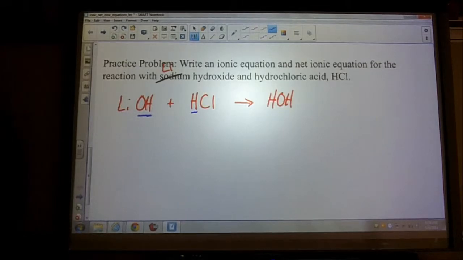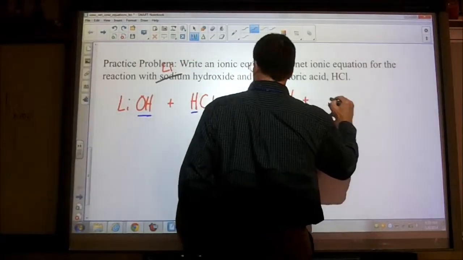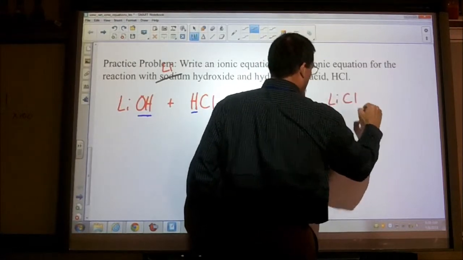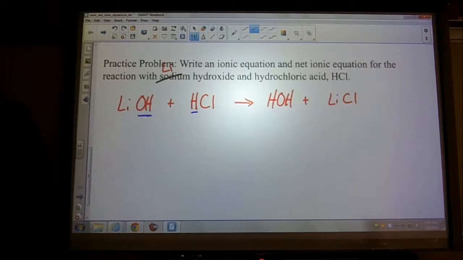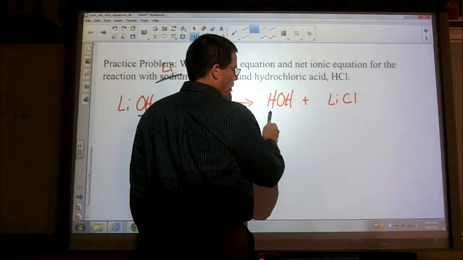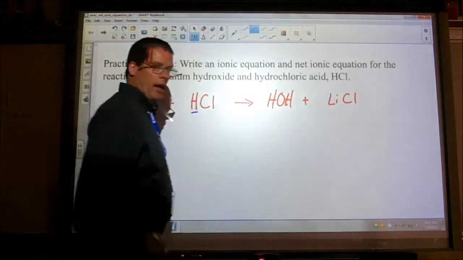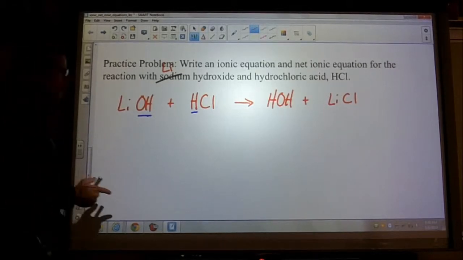When you put those together, you make HOH. All right. And what else is formed here? Lithium chloride. Good. And I'm going to tell you right now that lithium chloride is soluble, so there's not going to be a PPT. However, there might be a PPT, and if a PPT is formed, you not only get to write a net equation for the water, you also get to write a net ionic equation for the lithium chloride. Two of them. Two for the price of one.